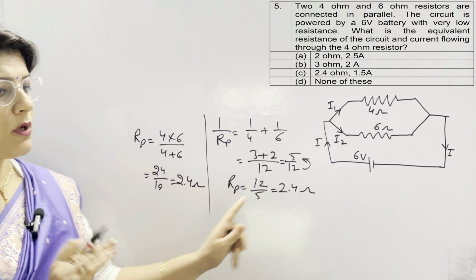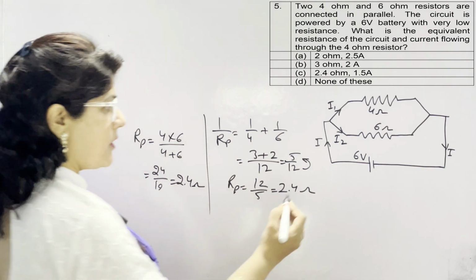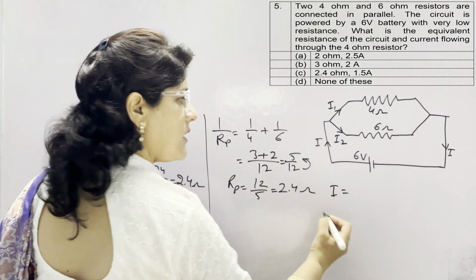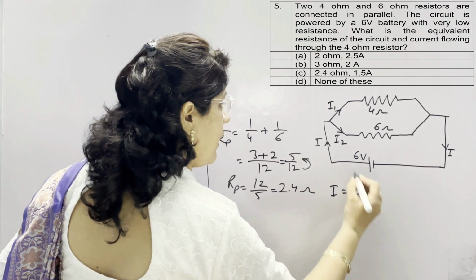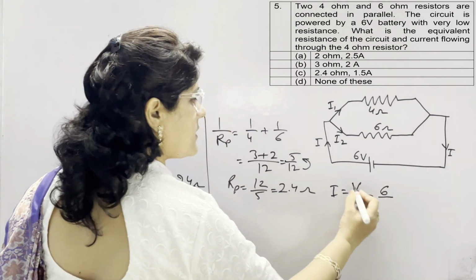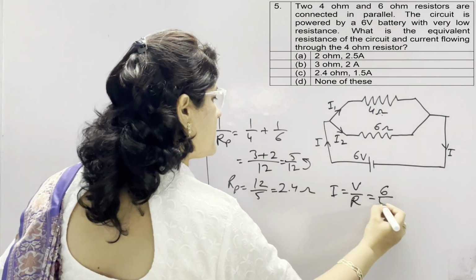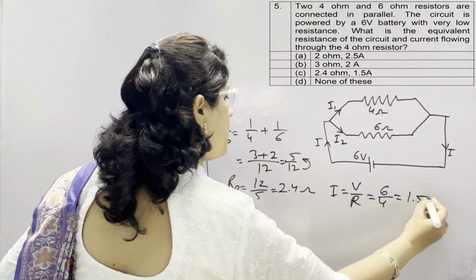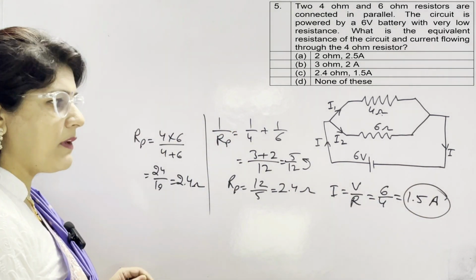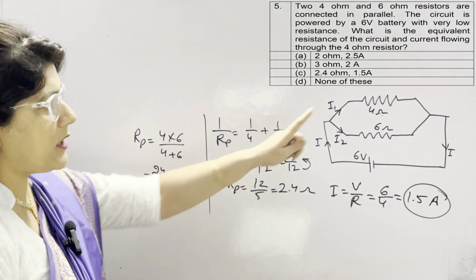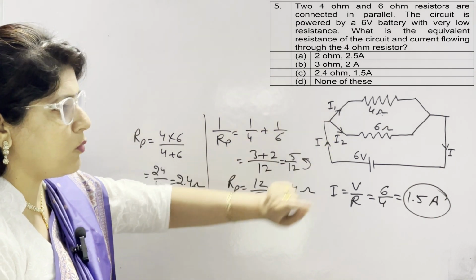Now current flowing through the 4 ohm resistor. Again two methods. Current flowing I is equal to V upon R. What is the value of V? 6 and 4. They have asked in the 4 ohm resistor. It means 1.5 ampere. One method to calculate is directly, because we know that in parallel combination the current is dividing in two parts.